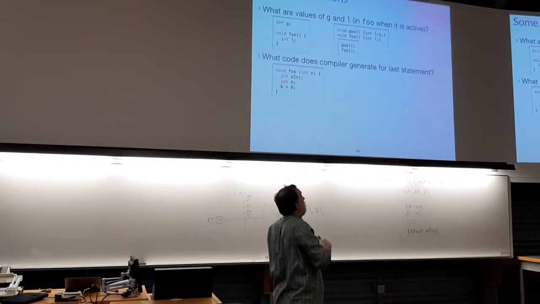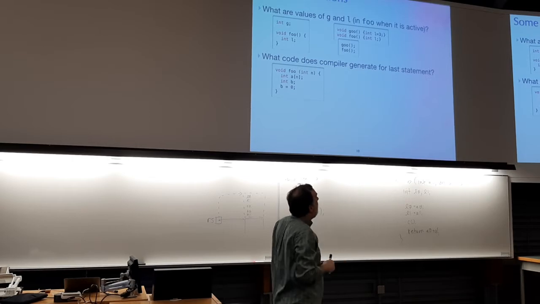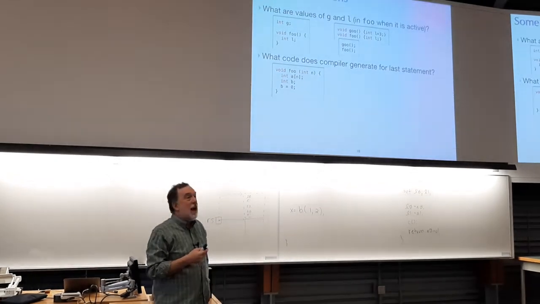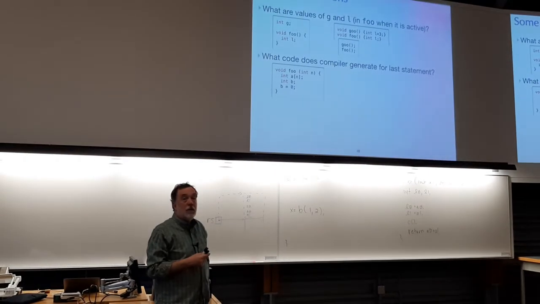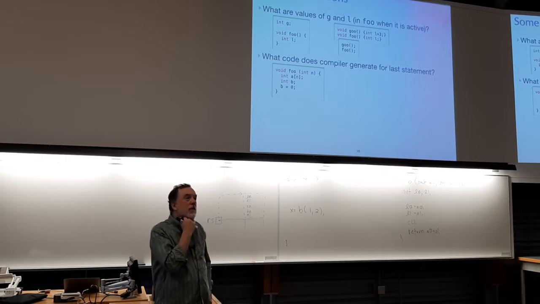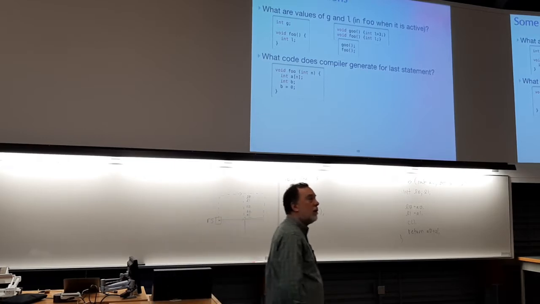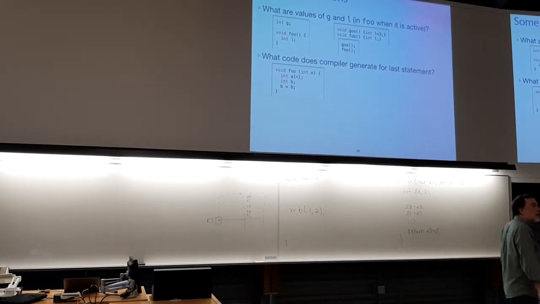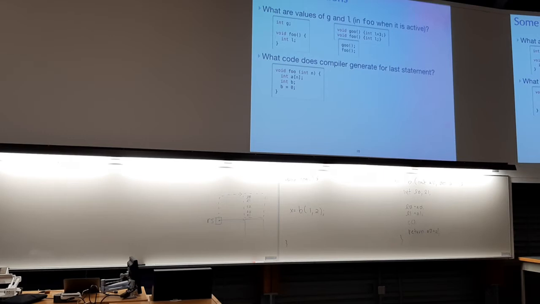Now, global variables in C, if you just say int G, you don't have to say equals 0, it will be equal to 0. But L has an arbitrary value because it's a local variable. And so what was the reason for that? Right, very good answer.